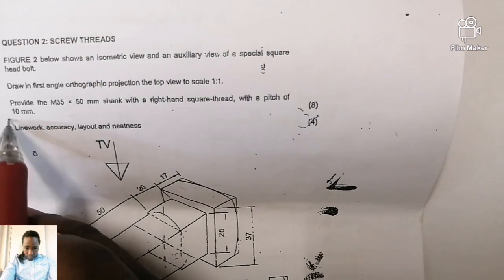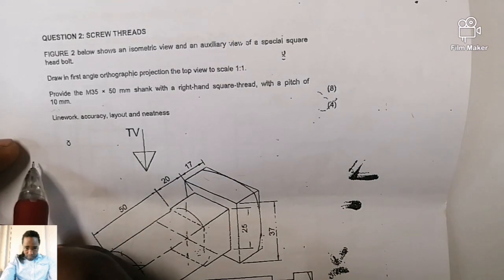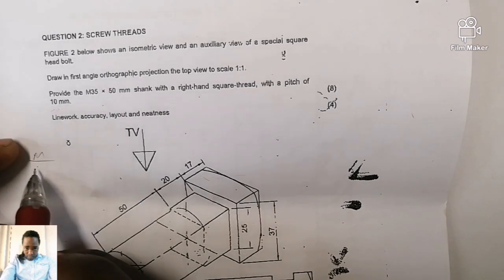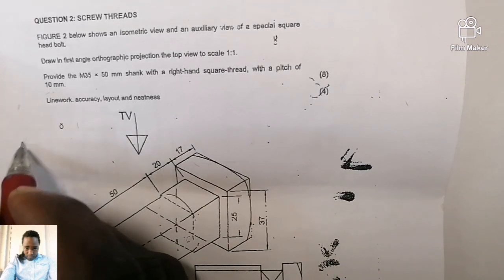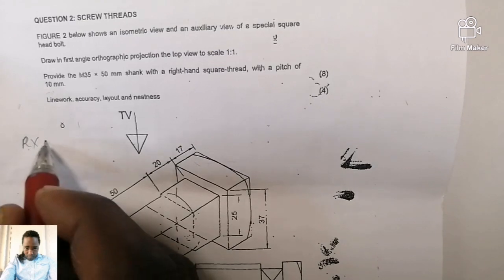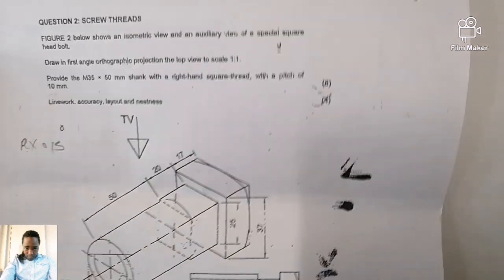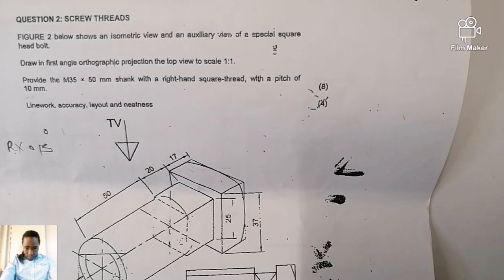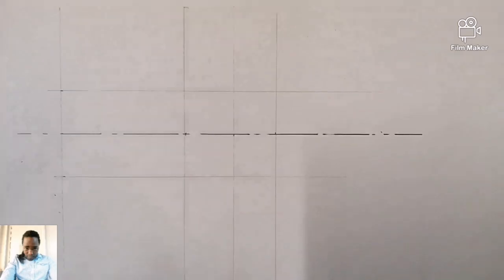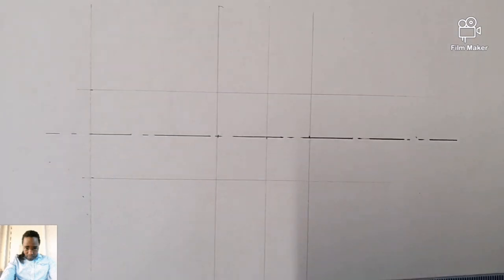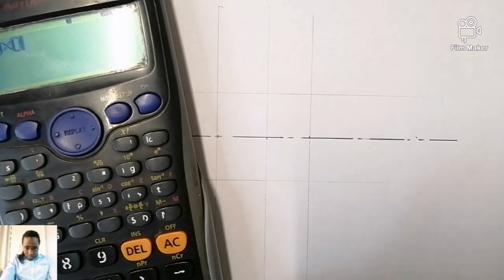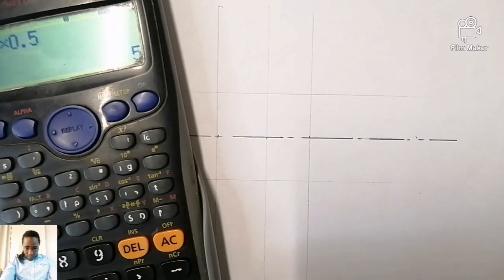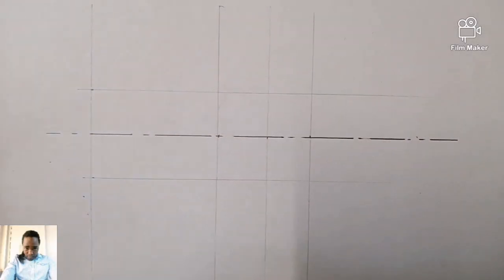We have a formula: if I'm not mistaken, it's pitch times 0.5, as if we are saying pitch divided by 2. So 10 times 0.5, how much are you getting? It is 5.